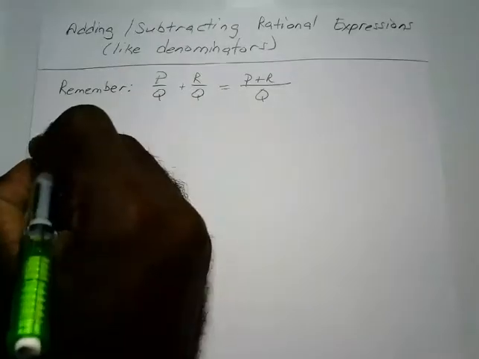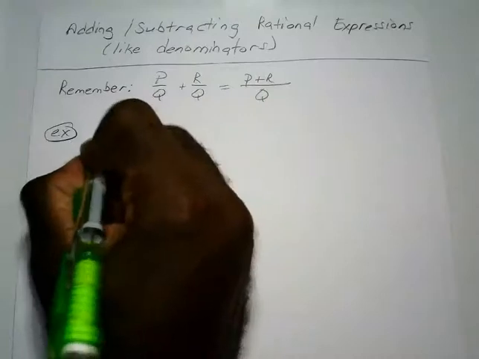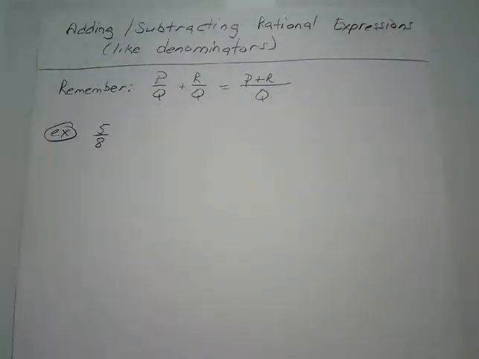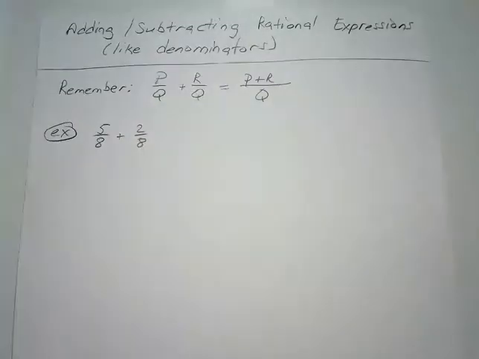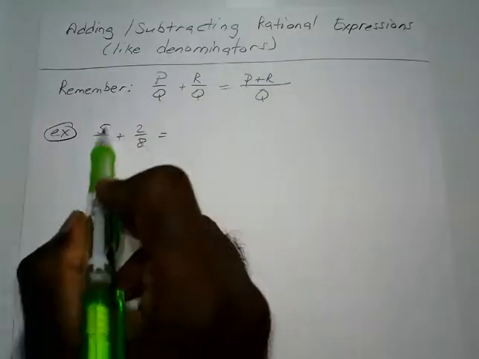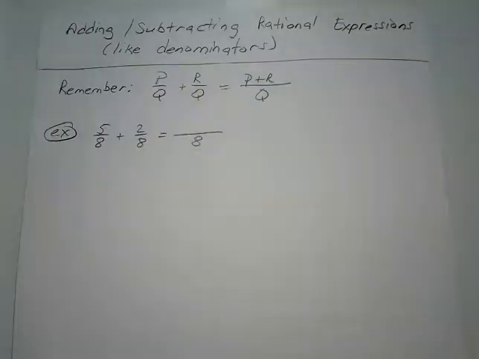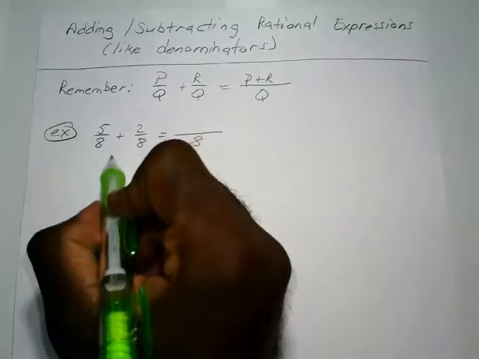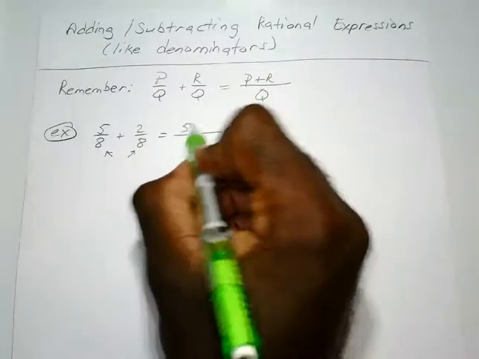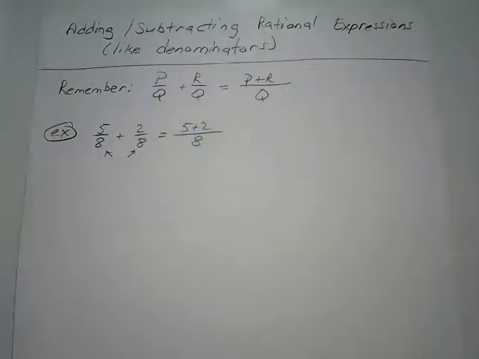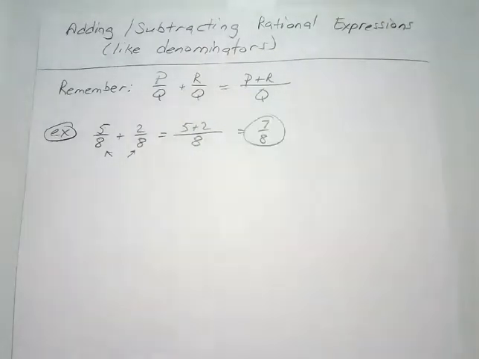So let's say, for example, you have 5 over 8 plus 2 over 8. Something over 8 plus something over 8 will give you an answer over 8. Now you just add your numerators, 5 plus 2, so you have 7 over 8.